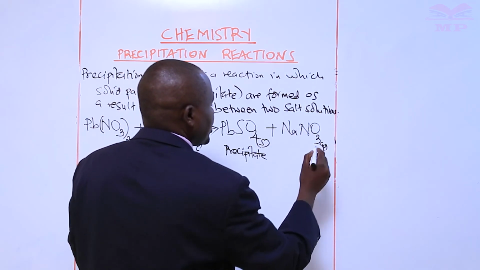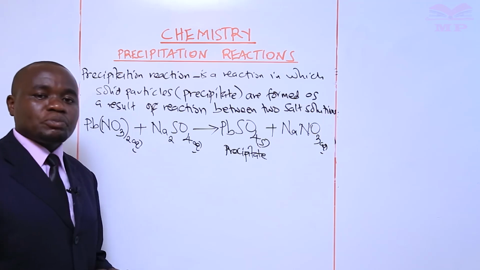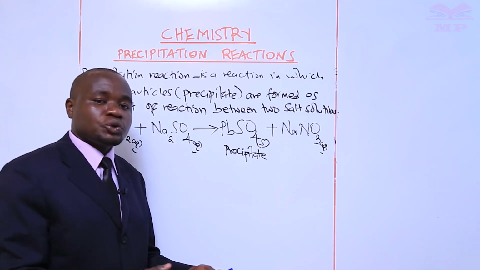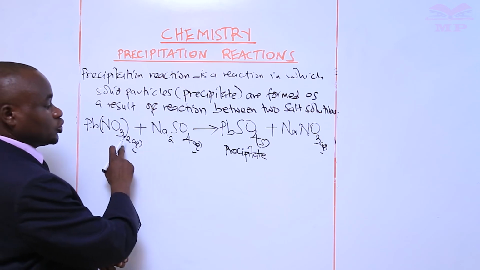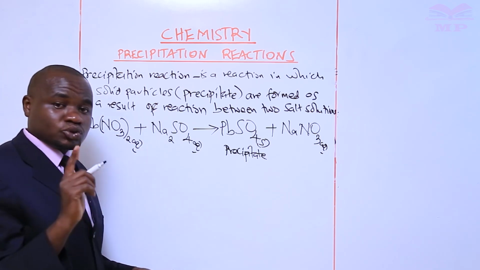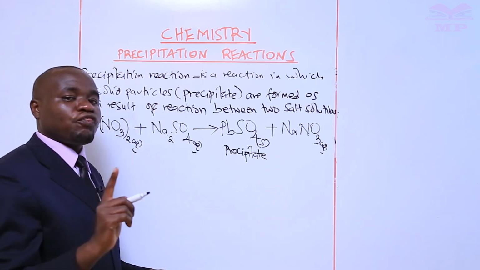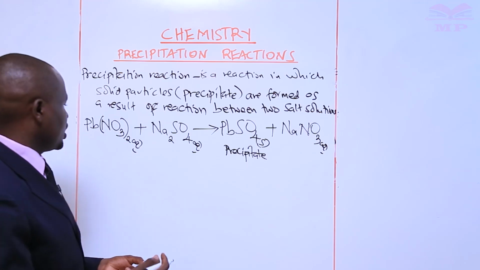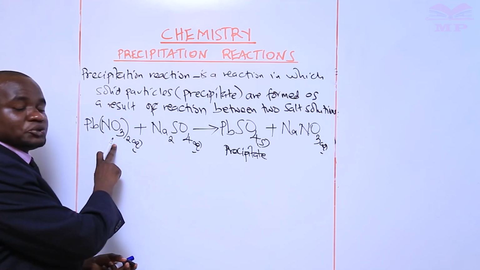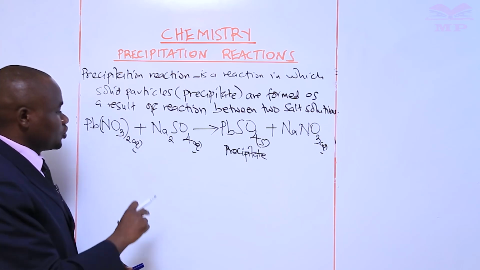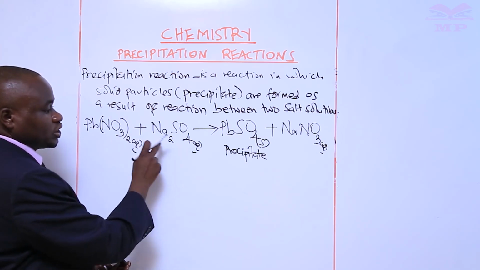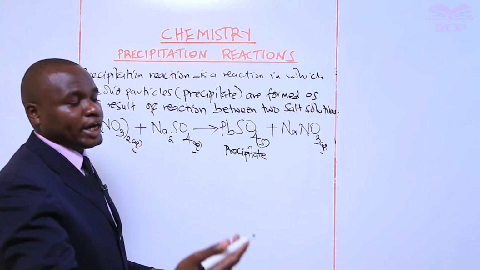So we are saying this is an example of a precipitation reaction because it involves the reaction between two salt solutions. And remember, the two salt solutions must both be soluble in water. So we know lead nitrate is soluble as well as sodium sulfate. The two salt solutions react and exchange their ions.